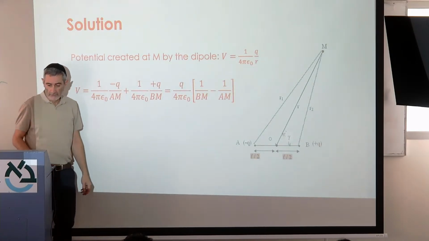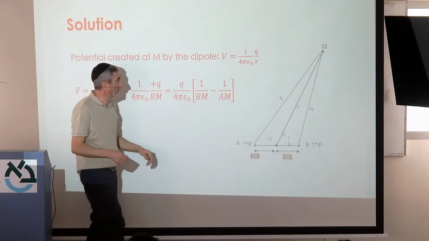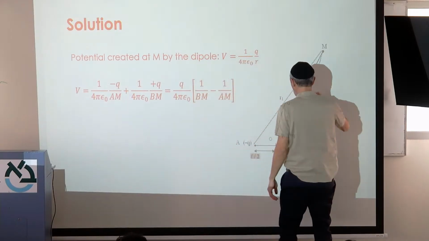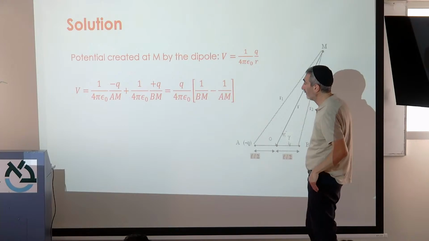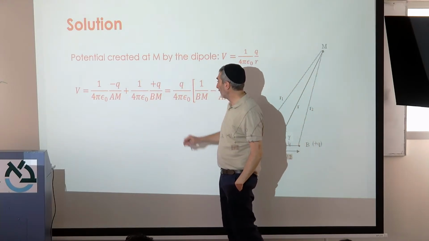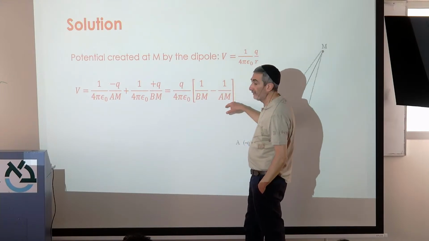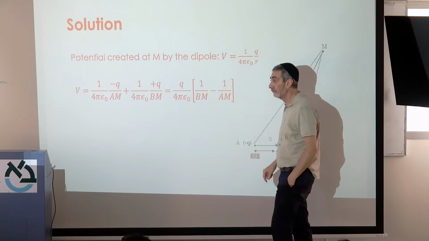And so V, the total potential at that point M, will be the sum of the potential given by A and the potential given by B. There is a superposition of the two potentials, and there is a little bit of math here to calculate 1 over BM minus 1 over AM.